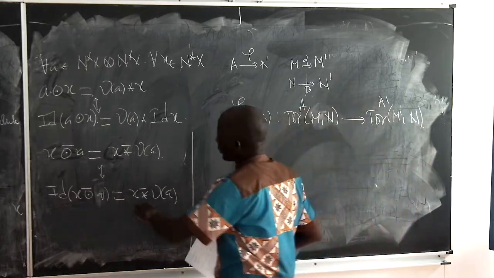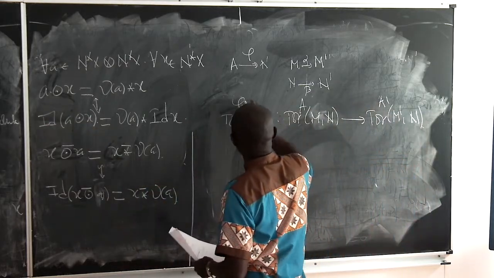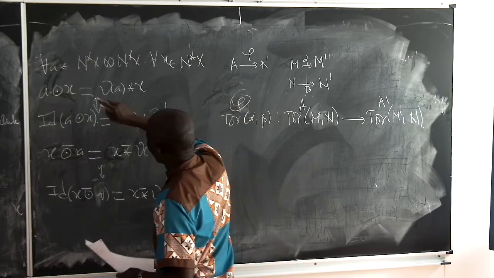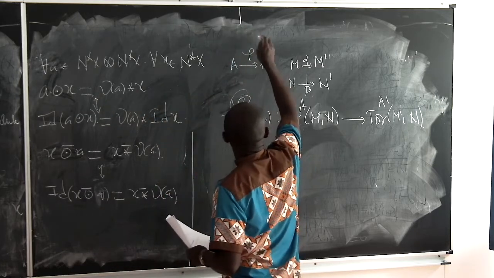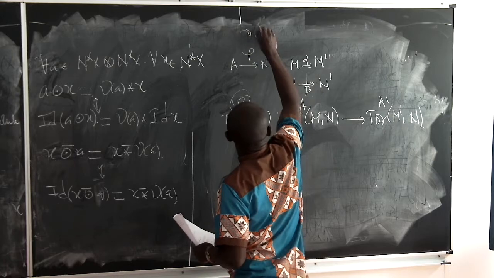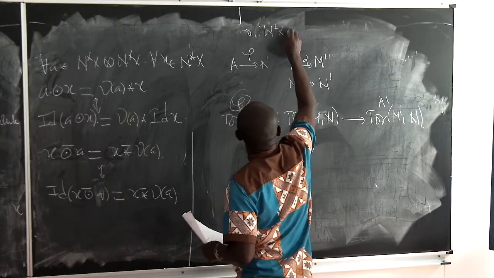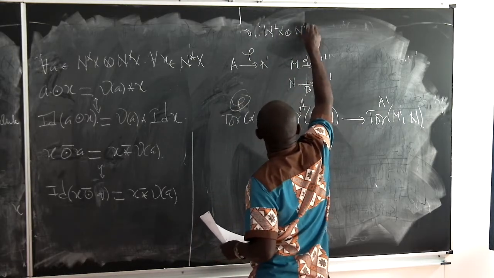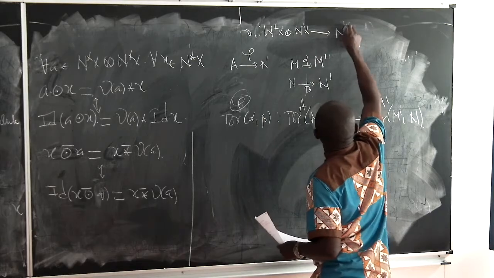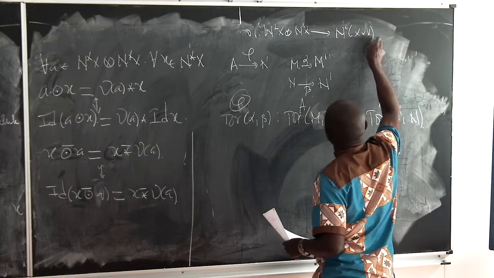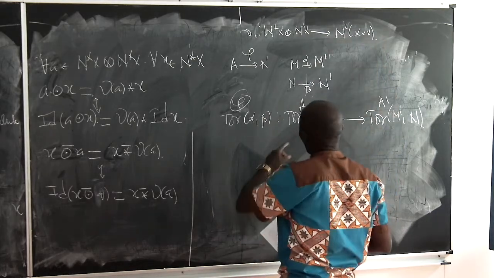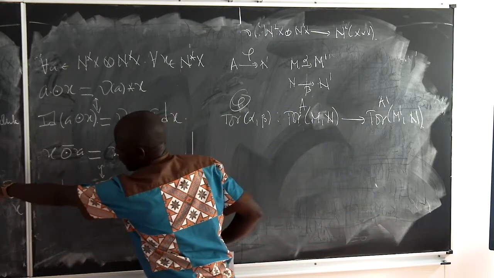This is exactly what we are doing here. Our phi here is nu from nx tensor nx to nx cross nx. Our alpha and beta are the identity map I defined here.